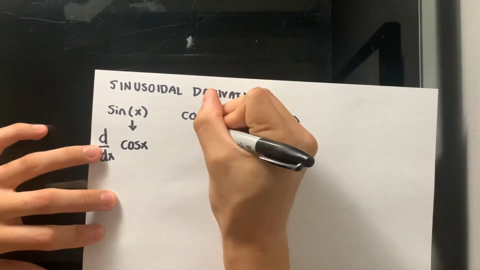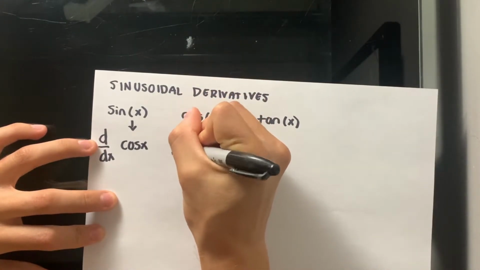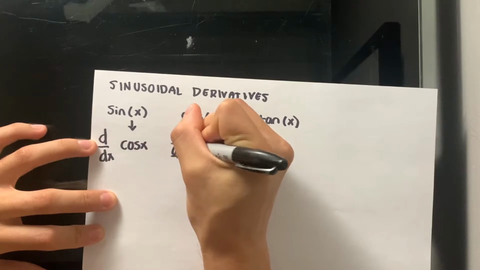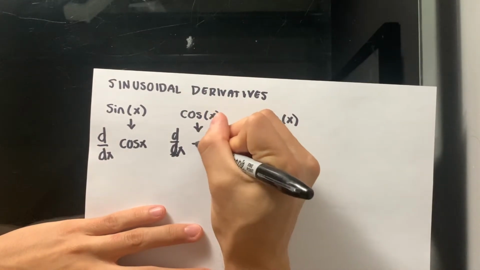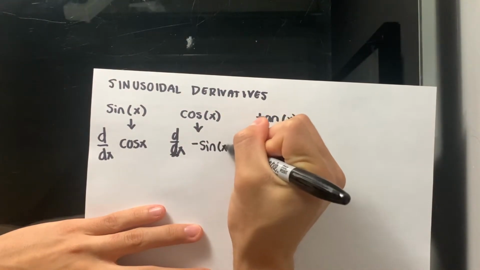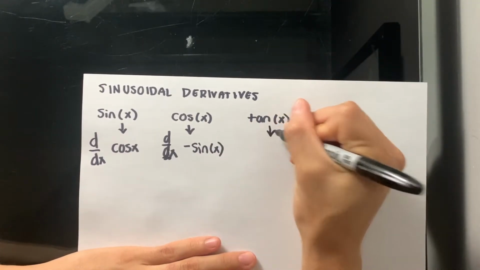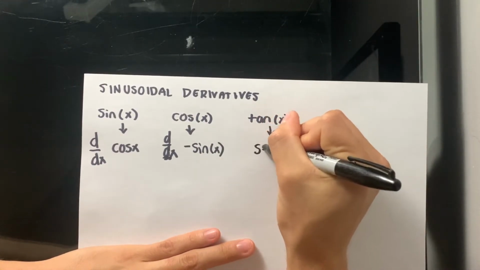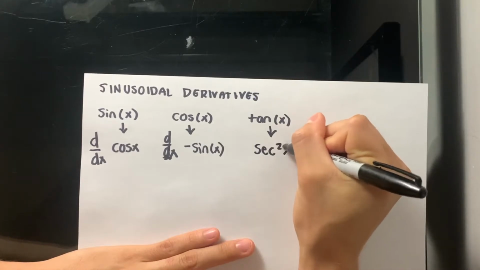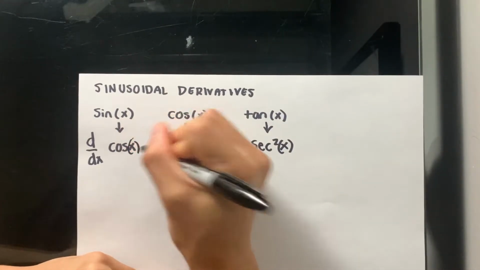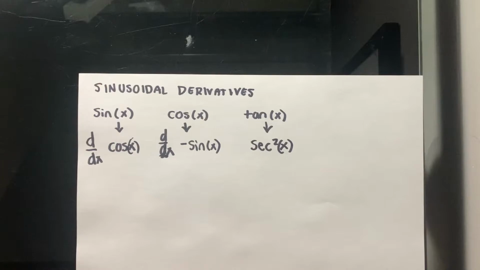The derivative of cos x is negative sine x. And lastly, the derivative of tan x is secant squared x. So, like I said, you're just gonna have to remember this, and over time, over practice, you'll get it more.